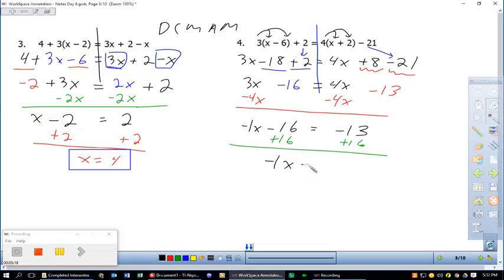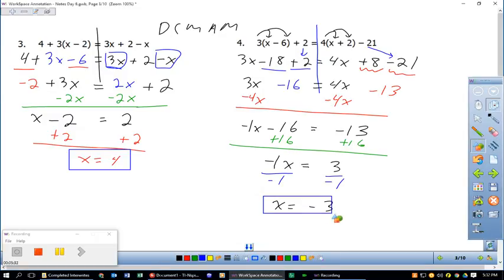Negative 1x equals positive 3. Last thing we have is this negative 1. We need to divide by negative 1. And that gives us x equals negative 3. And you might want to pause the video, check that in your calculator, make sure it works.